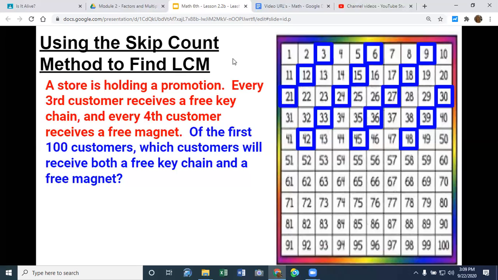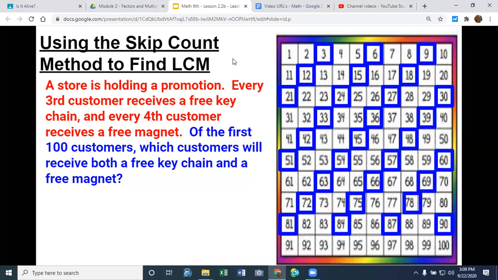I'm counting by 3s all the way to 100. 51, 54, 57, 60, 63, 66, 69, 72, 75, 78, 81, 84, 87, 90, 93, 96, and 99. That's for every third customer right here.